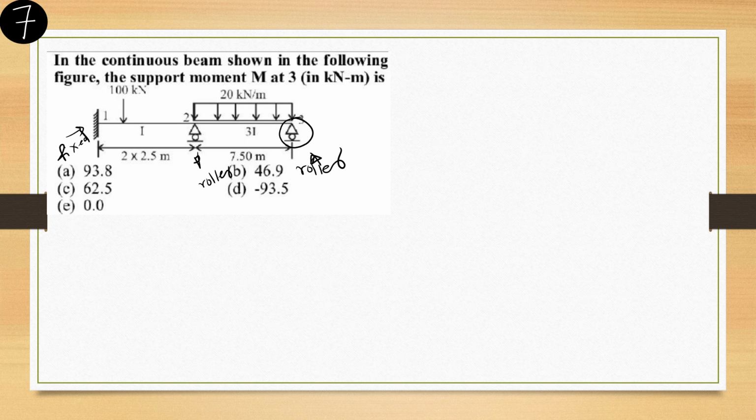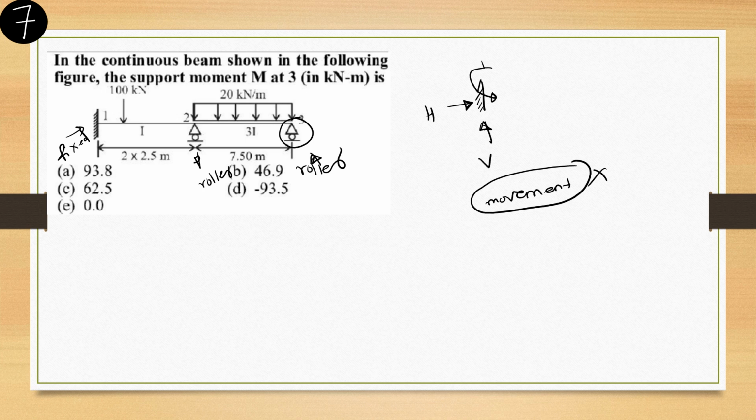Before solving any beam numerical, we first need to know about the supports and what kind of reactions and moments act on them. A fixed support is restricted in horizontal direction movement, also restricted in vertical direction movement, and also restricted against rotation due to the moment acting on the beam at the fixed support.